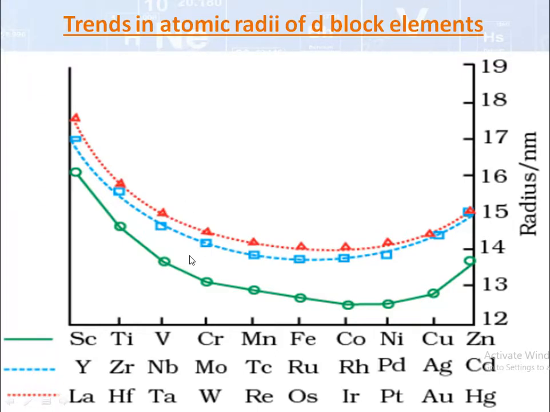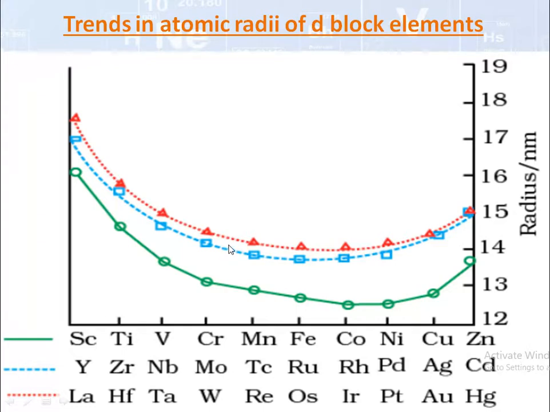As we can see, there is an increase from the first series, the 3d series, to the second series, the 4d series. But when we see the 5d series, there is only a minor difference, or we can say the radii are nearly the same as those of the 4d series.